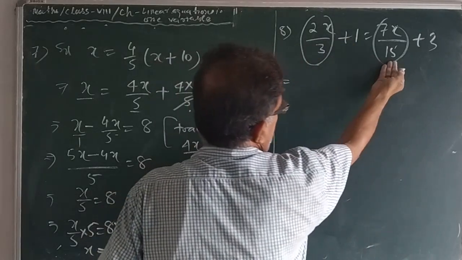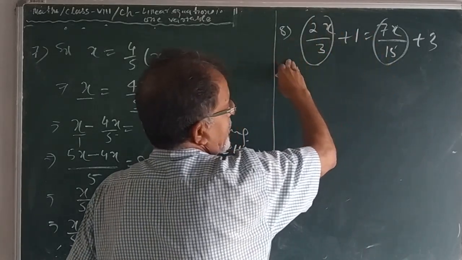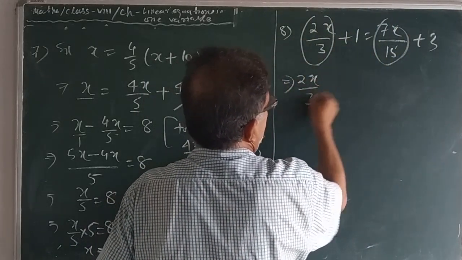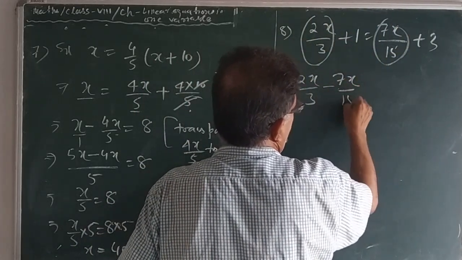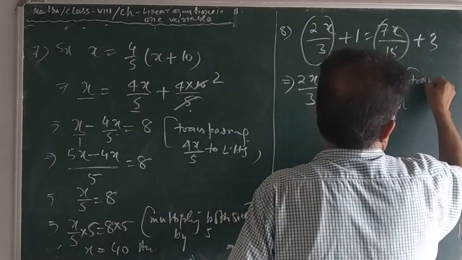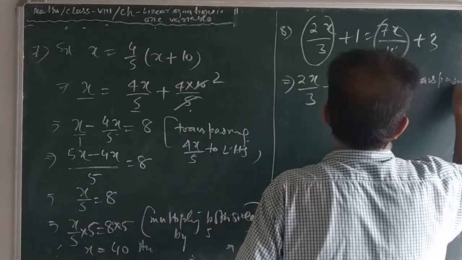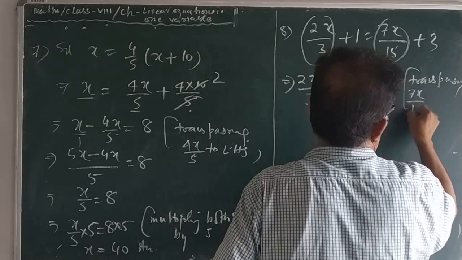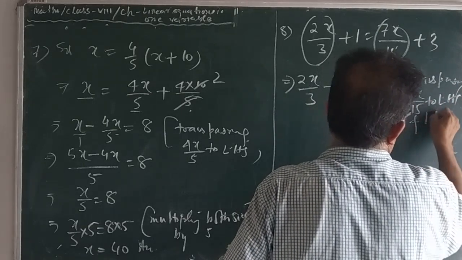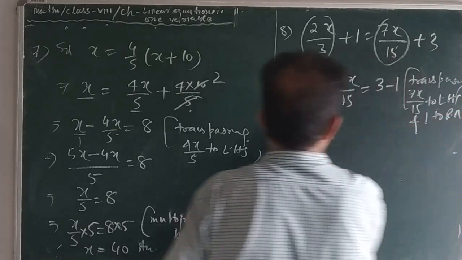Let us transpose the variable from RHS to LHS and the constant from LHS to RHS. 2x by 3 minus 7x by 15 equal to 3 minus 1. Transposing 7x by 15 to LHS and 1 to RHS.